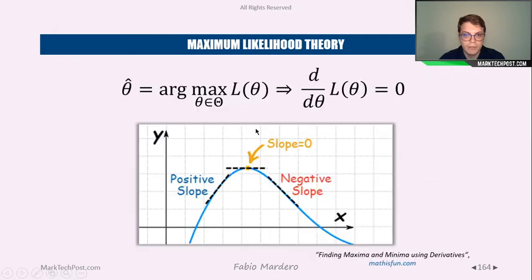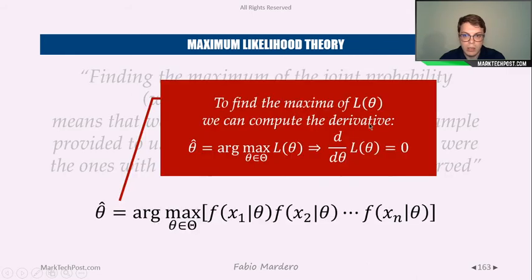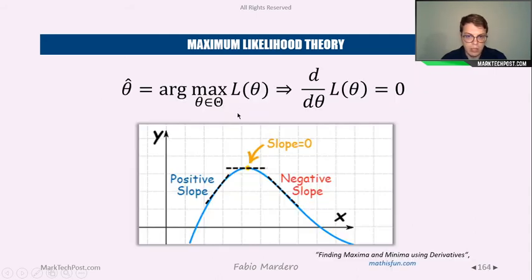But we will see that the vice versa is not true. If the derivative is equal to 0, it does not mean that we are looking at the maximum.